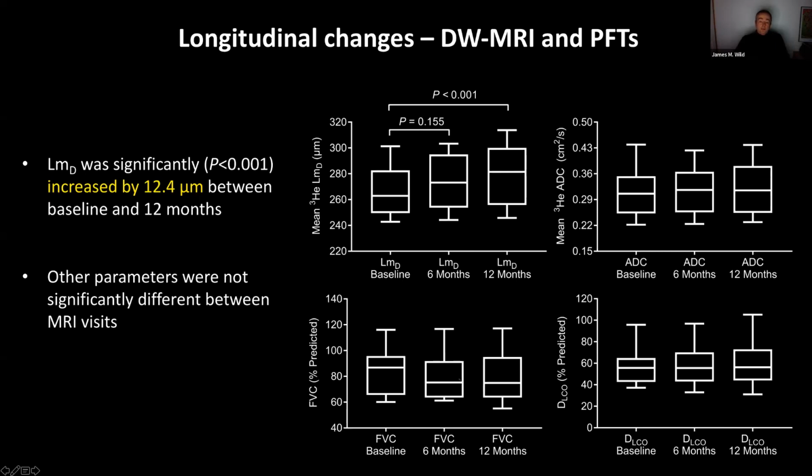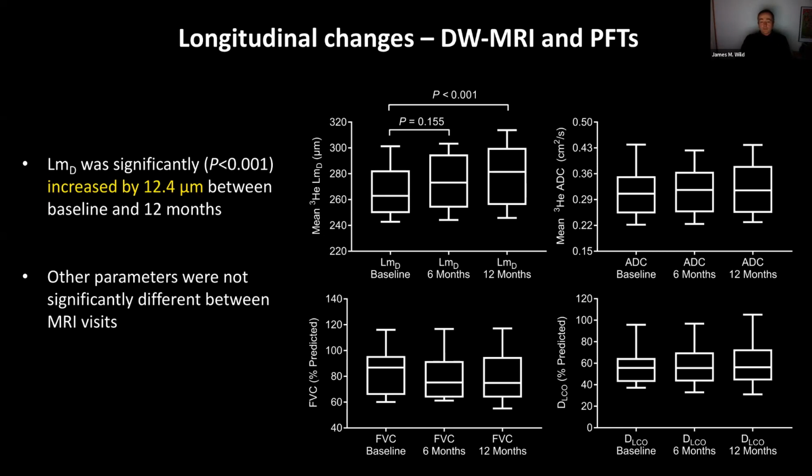And this is while the FVC and the DLCO, the transfer factor, are both staying non-significant, they're not changing. So we've got a signal there of increasing airway dimension with disease progression that is subclinical. It's not visible on the lung function test.